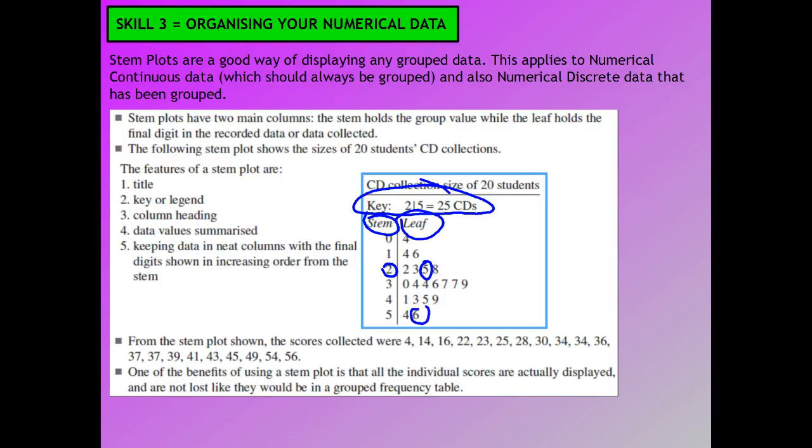The person with the most CDs has 56 CDs, and that's that score there. The person with the least CDs has 0 in the 10s and 4 units, so that's 4 CDs there. They're the highest and the lowest scores.